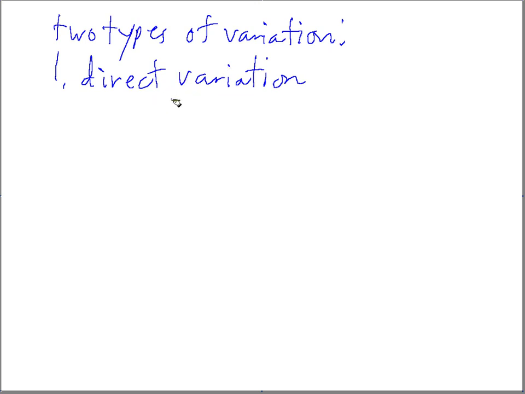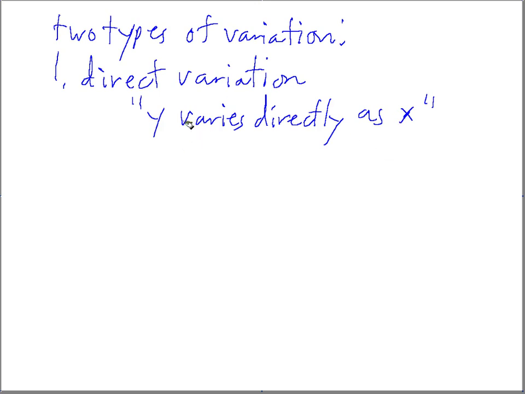Now, what phrases might you see on the homework regarding these types of application problems? Well, you may see something like y varies directly as x. That means direct variation. As y goes up, x goes up. As x goes up, y goes up.